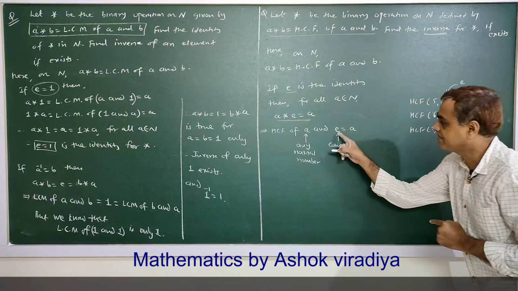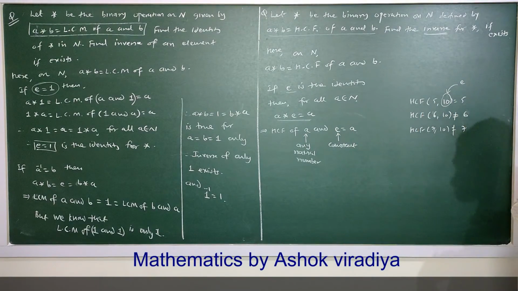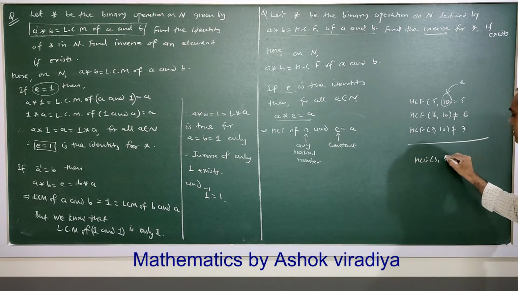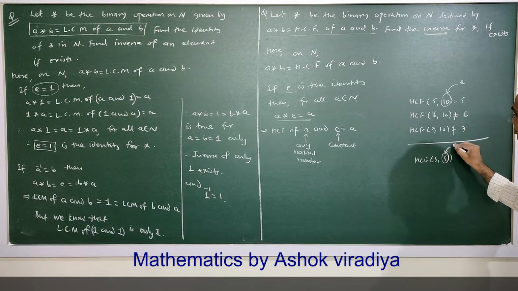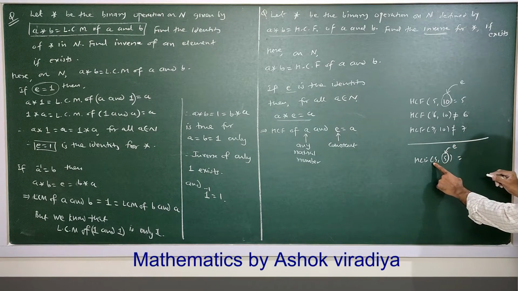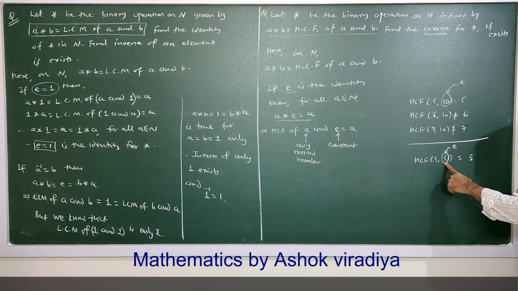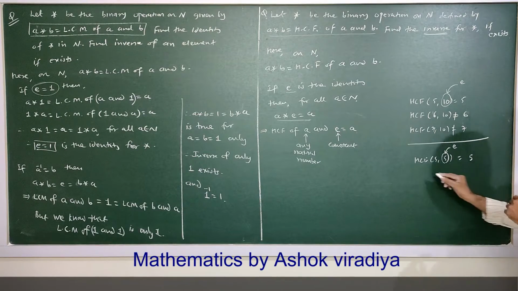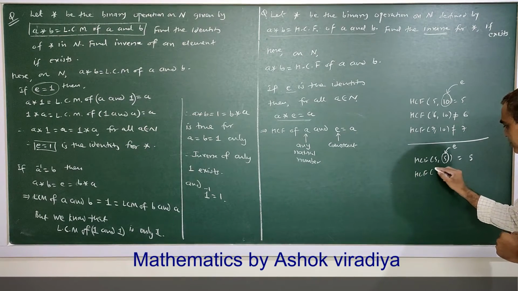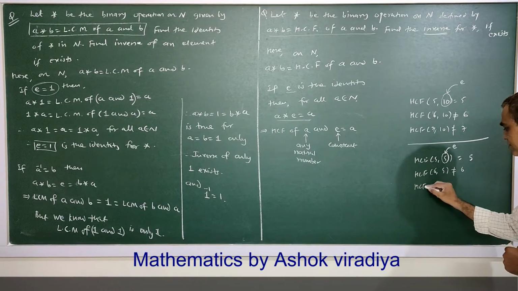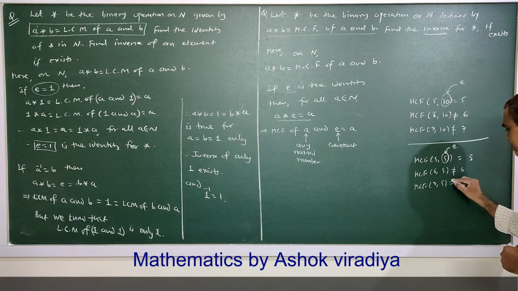We want this number fixed. Suppose you take E equal to 5. In this case HCF of 5 and 5 is 5, so HCF of A and E is A, but then HCF of 6 and 5 is not 6, and HCF of 7 and 5 is not 7.